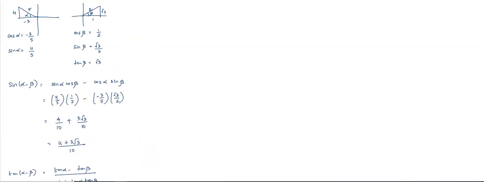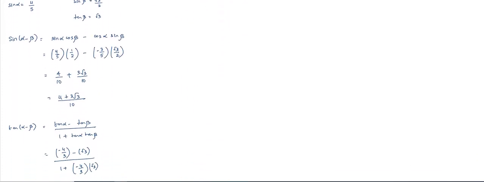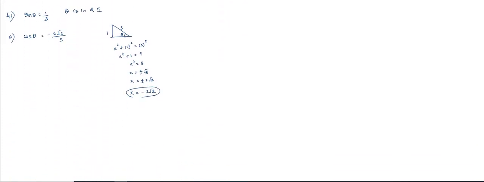Now the second part of the problem was asking you to find sine of theta plus pi over 6. To do that, I will use the sine sum formula, sine A cosine B plus cosine A sine B. I already know sine theta to be 1/3.